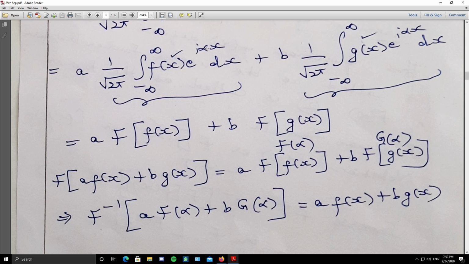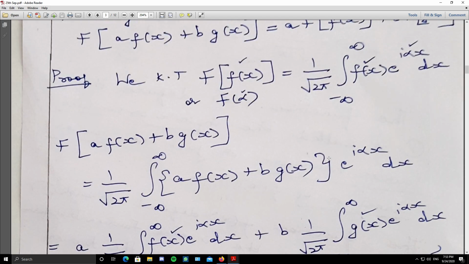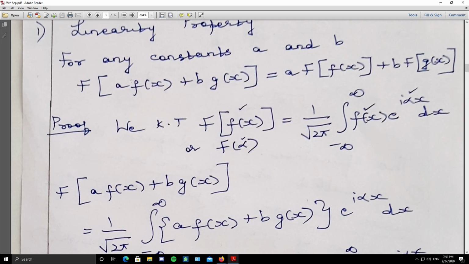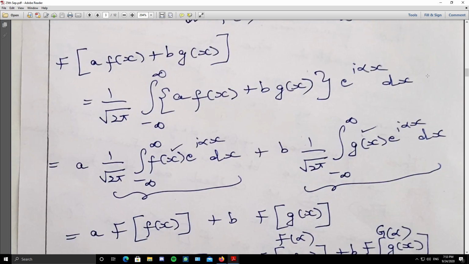Otherwise, with respect to the parameter, a times f of alpha plus b times g of alpha. Why am I writing g of alpha? Because f of x and g of x are two different functions. So hence the statement: the transform of the sum a f of x plus b g of x equals a times the transform of f of x plus b times the transform of g of x.